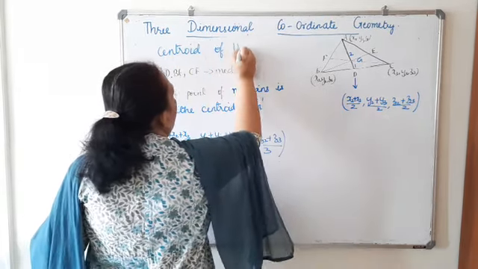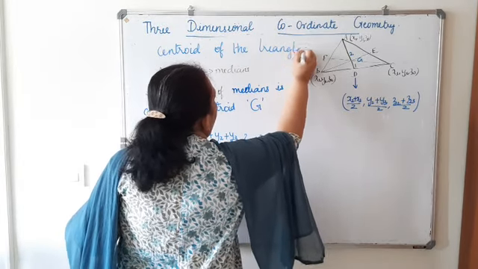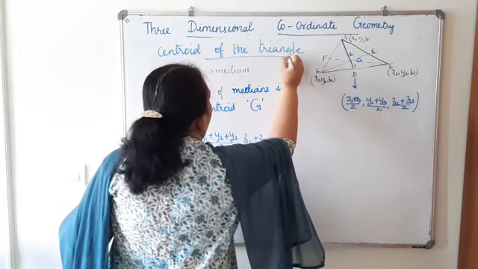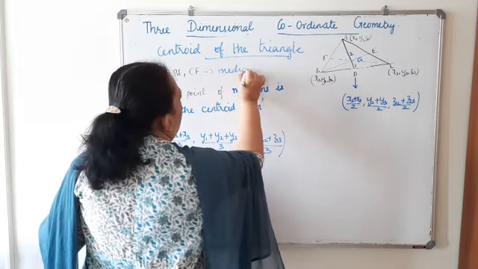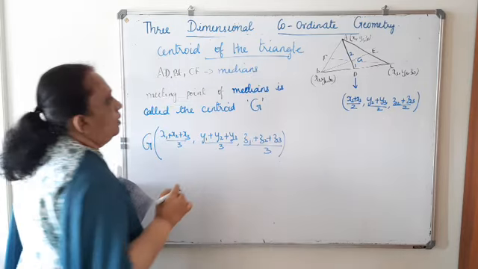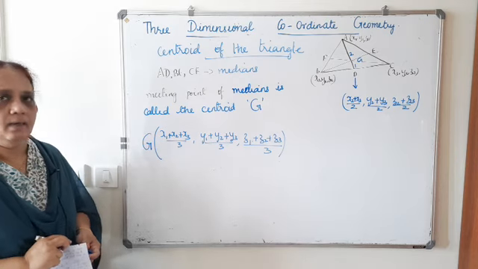Centroid of the triangle. Meeting point of the medians is called the centroid of the triangle.